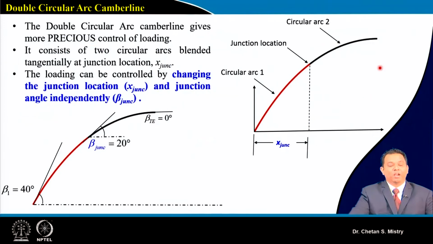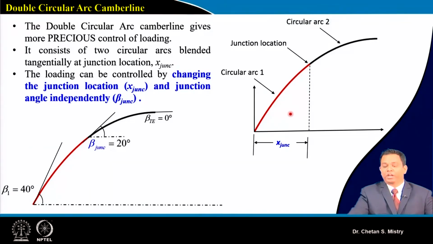Now with these fundamentals, people started exploring other possibilities. The other possibility says, let me have flexibility. Let me decide from somewhere the curvature of my blade, or the curvature of my camber line.